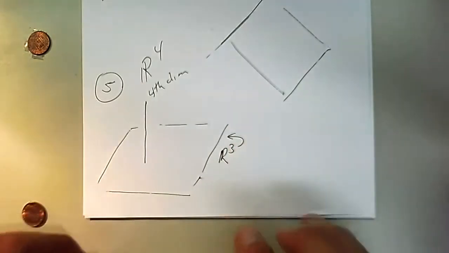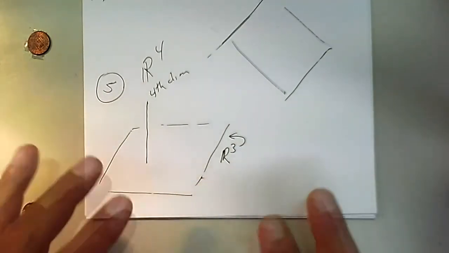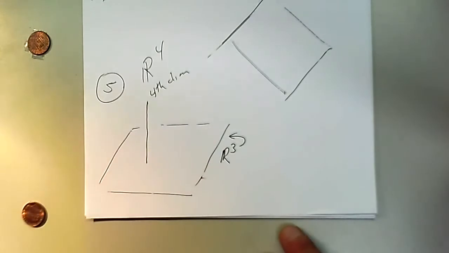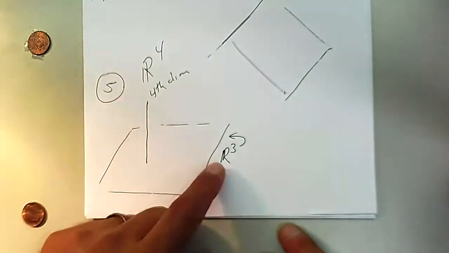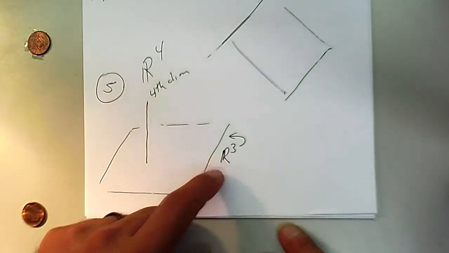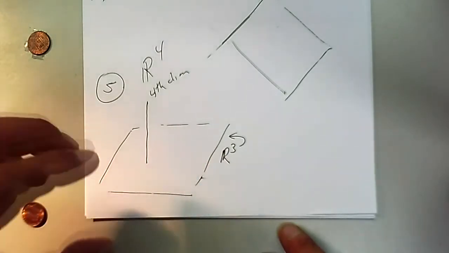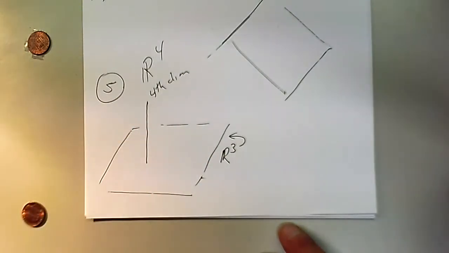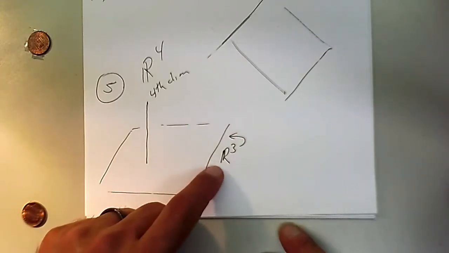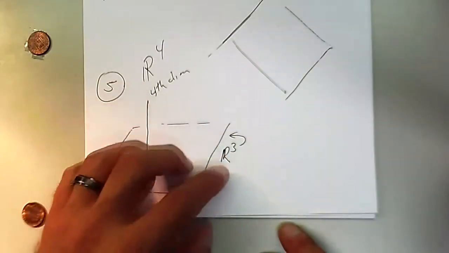This plane, even though it doesn't make sense because a plane should be 2-dimensional. So it doesn't make sense to have R cubed. But for purposes of analyzing projection, it makes sense to think R4 in this context.